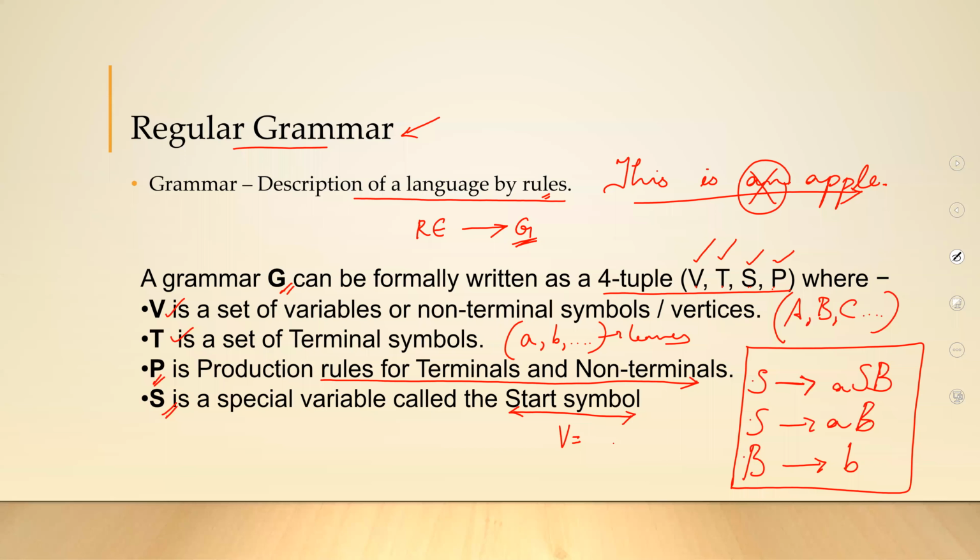So I have vertices over here, S and B. Everything on my left-hand side, I say it is my vertices. Next, I have my terminal symbols. My terminal symbols are the leaves or the small letters. I have two terminal symbols, a and b.